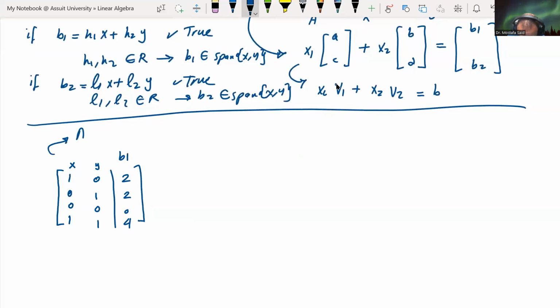Basically, we are trying to find if Ax1 equals b1. Let's call the unknowns A and B. I know there are many variables here, and it might get confusing. But if we can find A and B, real numbers, then there is a solution, and b1 belongs to the subspace of x and y.